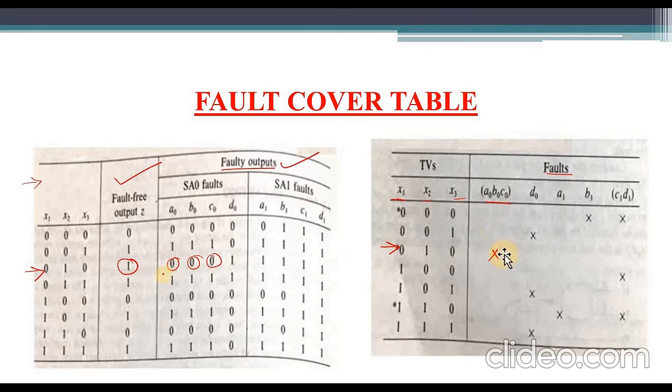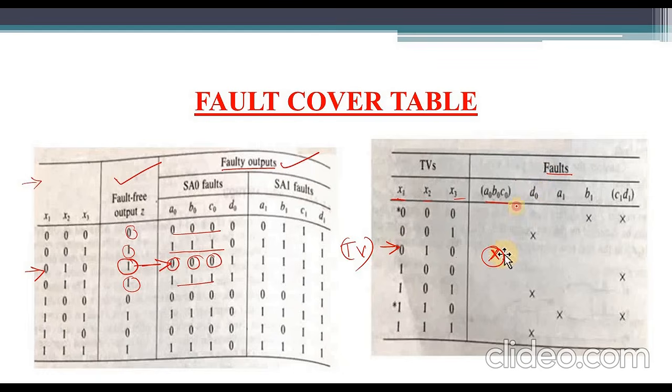The remaining are all the same. For 0 0 0 here it is 0, and the fault outputs are all the same. Here A0, B0, C0 are all 1 only. So only this combination will change. That's why we put one cross mark. So this 0 1 0 we can now call a test vector, because the fault free output and faulty outputs change with respect to the input combination. That's why this 0 1 0 is called a test vector.